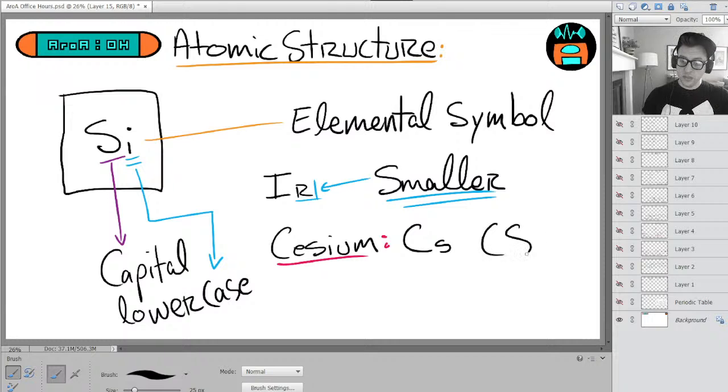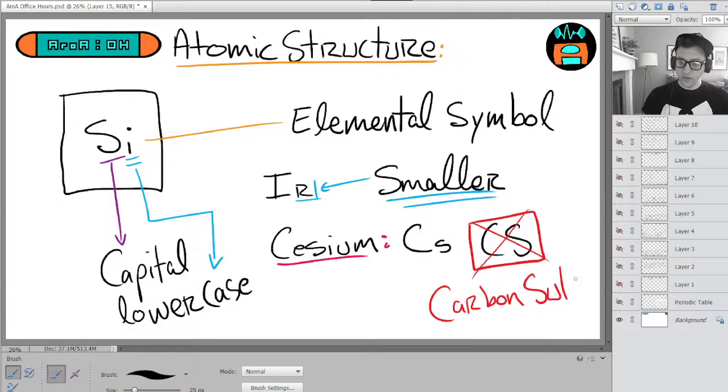Note, if you don't make that s smaller, this is not cesium. This is carbon and sulfur. That is why it's critical that the letter that comes next must be smaller.